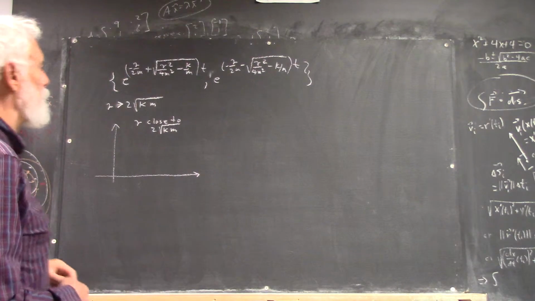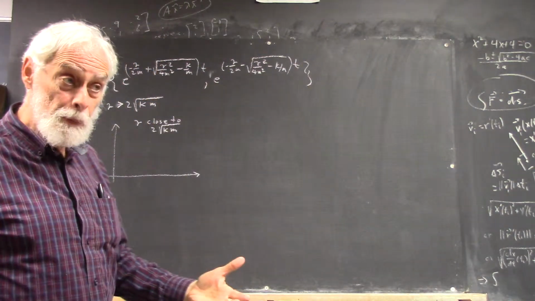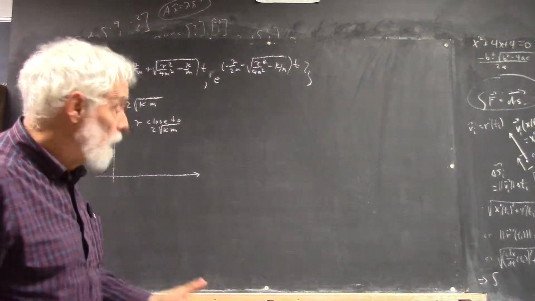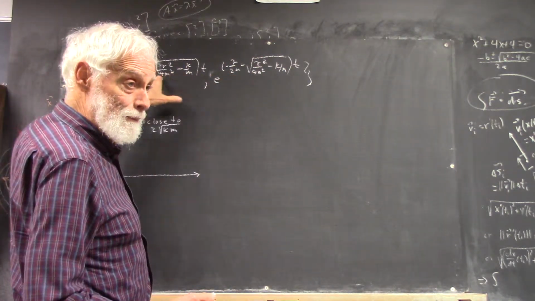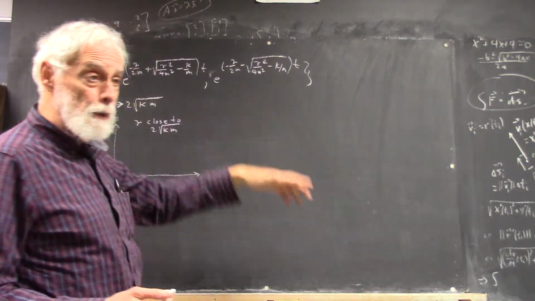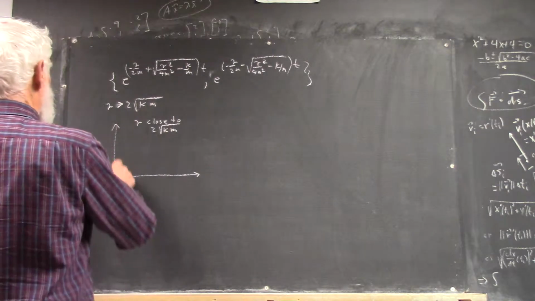Well, both of these are decreasing exponentials, because we know that the factor up here in front of t is always negative. So we have decreasing exponentials.